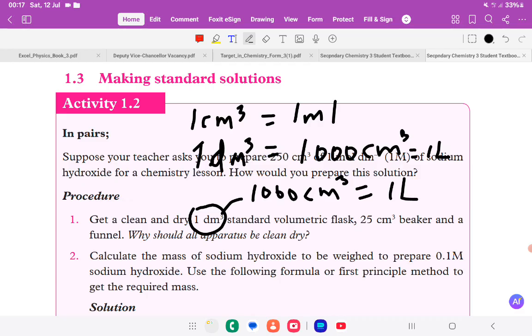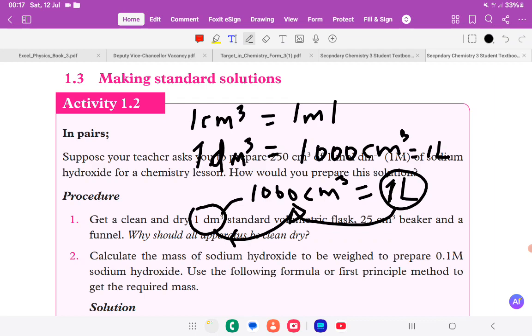So let's say you bought some juice from the shop and it's labeled 1 liter. You as a chemistry student must know that it's referring to this volume, which is 1000 cubic centimeters, or 1 cubic decimeter.